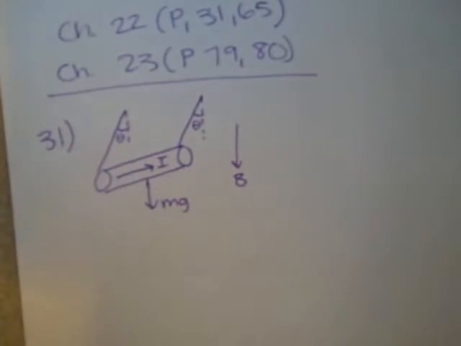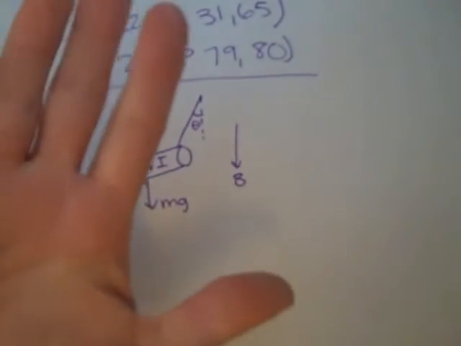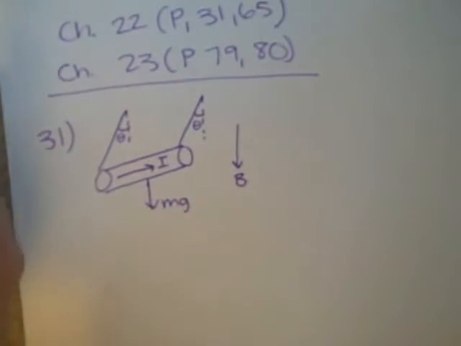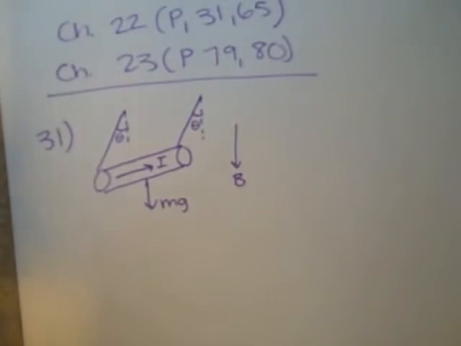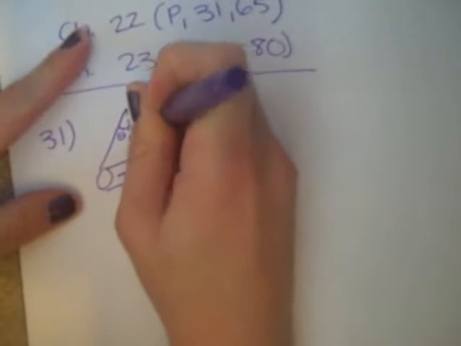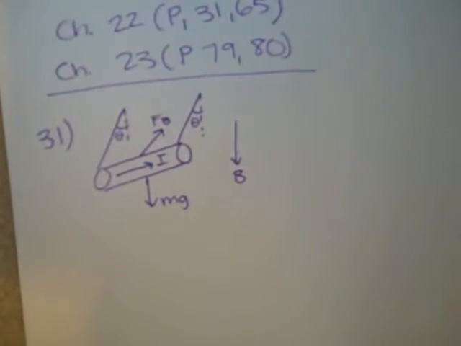So if you use your right-hand rule and your thumb goes in the direction of the current, and it's hard to do in this video, but your fingers point down because of the B field. If you imagine, your palm is going to point into the page, which means your magnetic force is into the page like that if you think about a 3D picture.